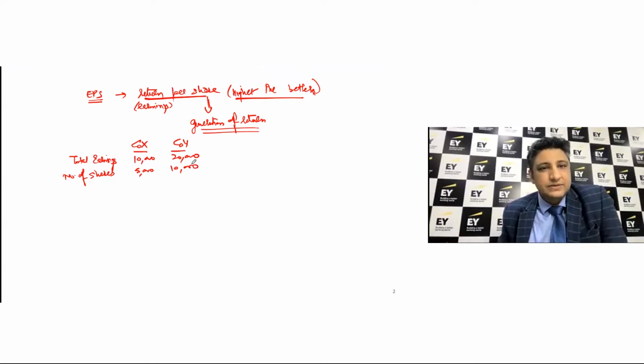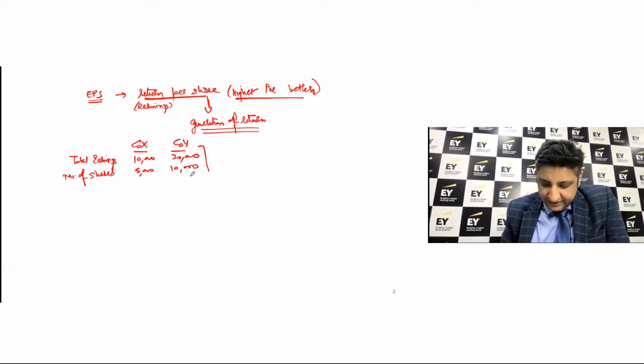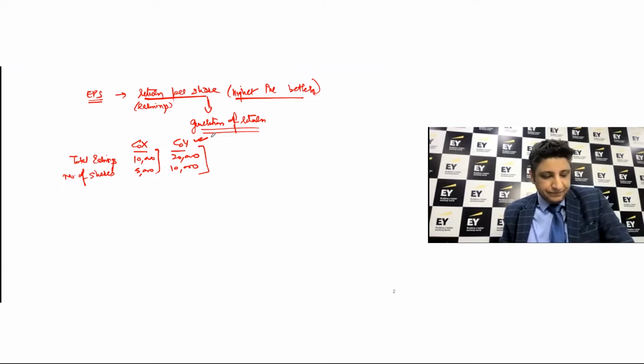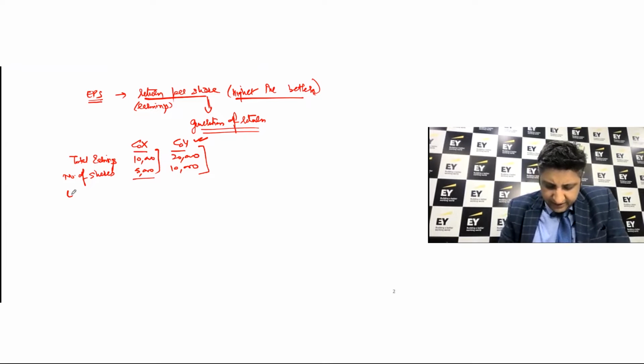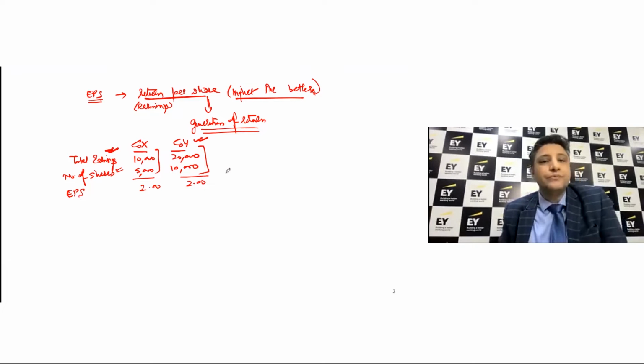While in totality, company Y appears to be a larger company because it is creating more profit, what is important to understand is the earnings per share. I'm taking a simple division: total profit divided by number of shares. This is 2, and this is also 2.